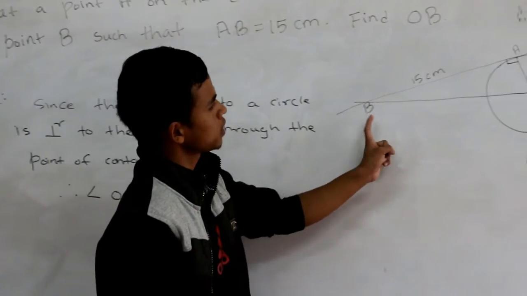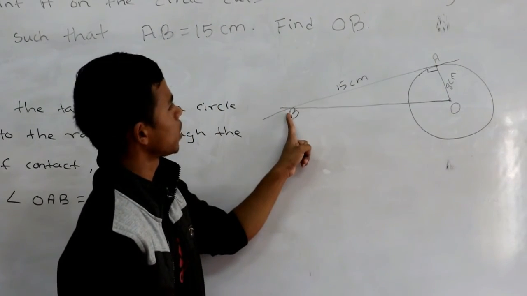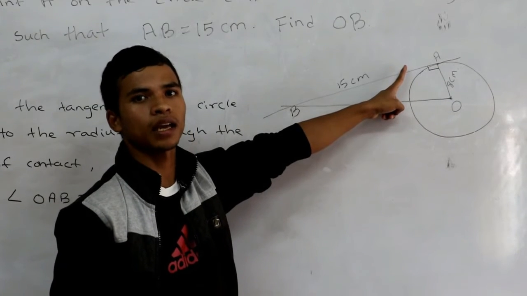So we have this triangle OAB, which is a right angle triangle.